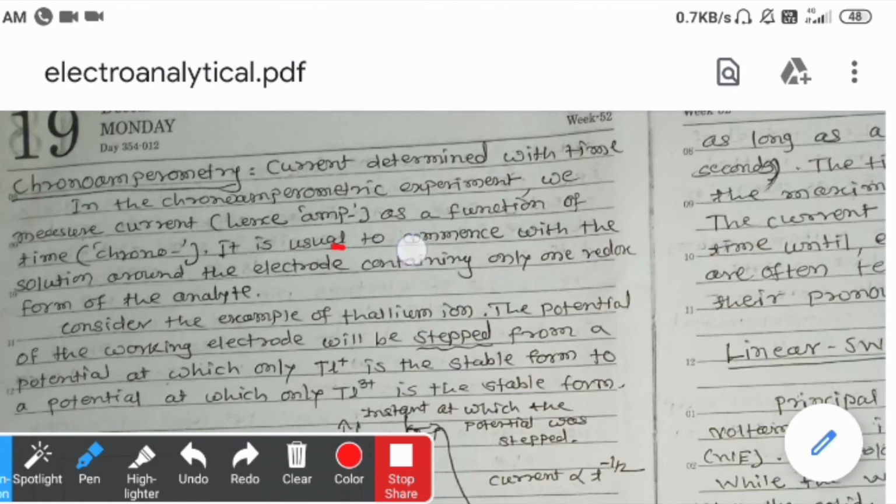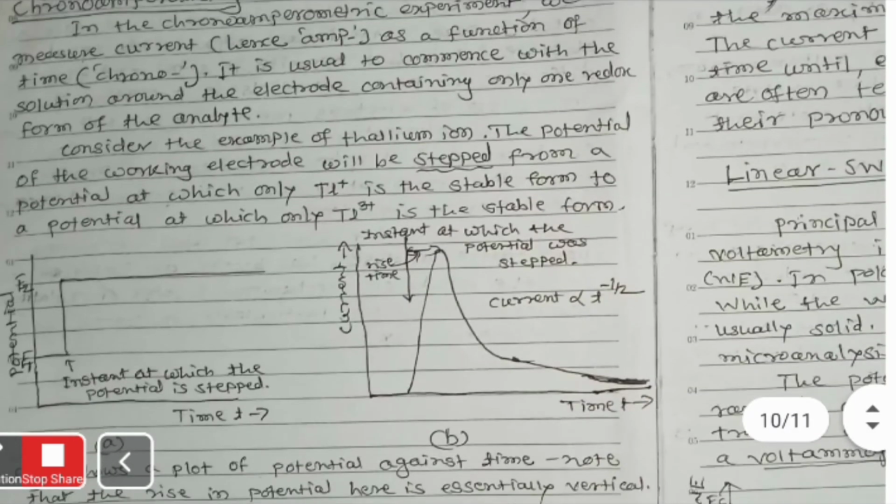It is usual to commence with the solution around the electrode containing only one redox form of that particular analyte. So for example, consider the thallium ion. The potential of the working electrode will be stepped from a potential at which only thallium plus ion is stable to form thallium plus 3. Basically here the oxidation will take place.